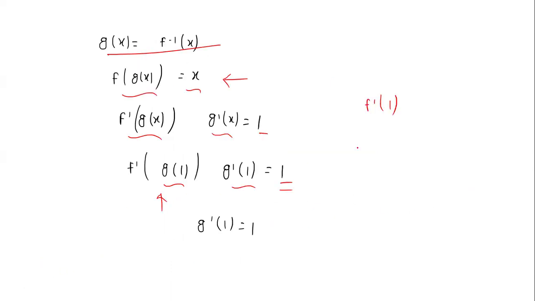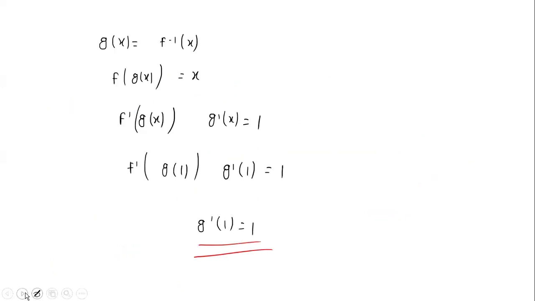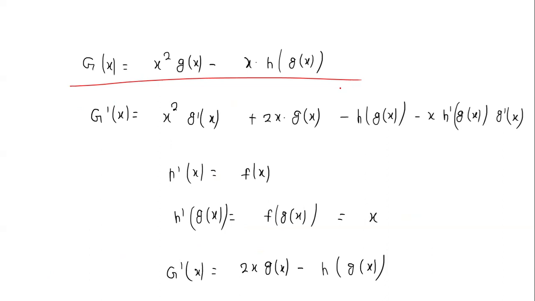So from here we can say that 1 multiplied by g dash 1 is equal to 1. So g dash 1 value is 1. So we have this information also. So we know g dash 1 value, we know g of 1 value, and all this information we have. So now let's move to the real problem.